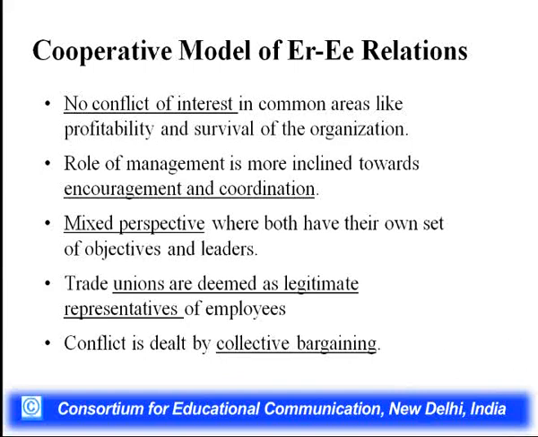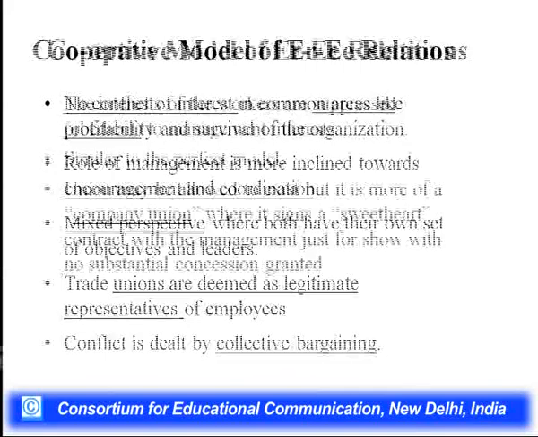The role of management is more inclined towards encouragement and coordination of the employees with the organization, and it has a mixed perspective where both employer and employee have their own set of objectives and leaders. Here the trade unions are deemed legitimate representatives of employees, and here comes the role of collective bargaining in case of any conflict.